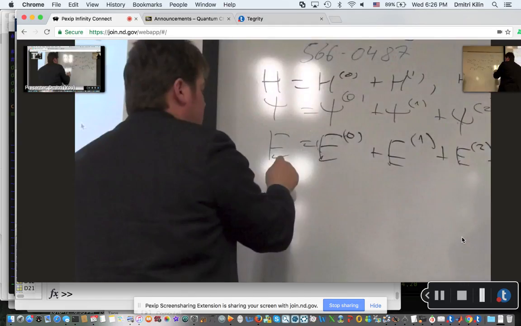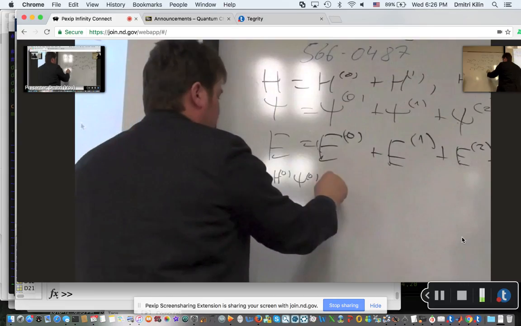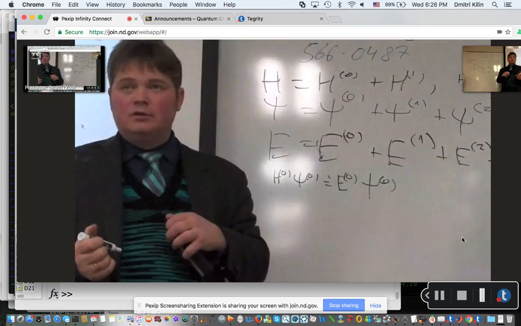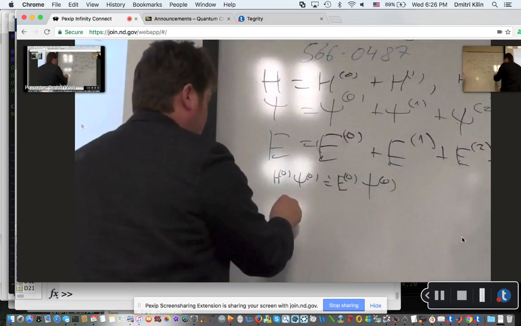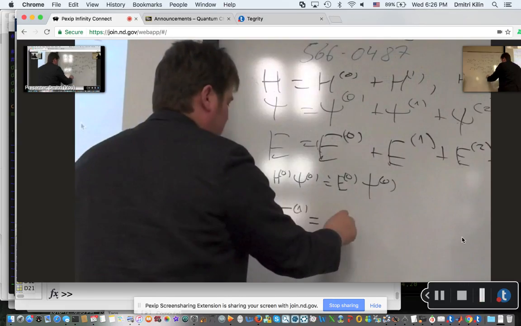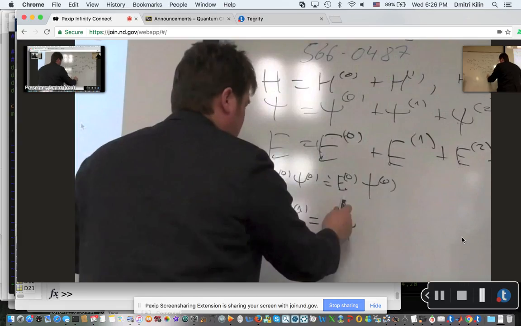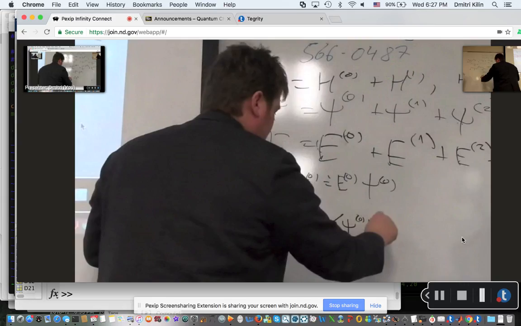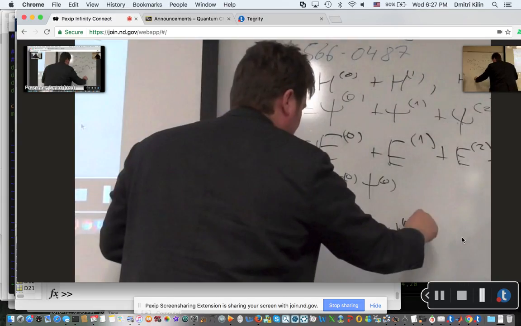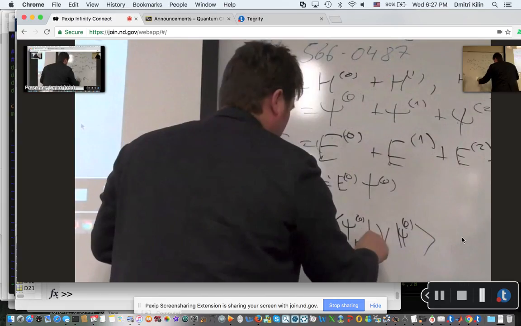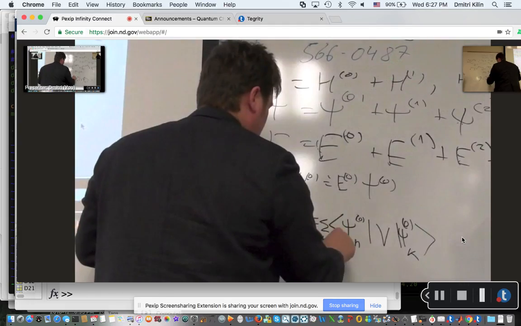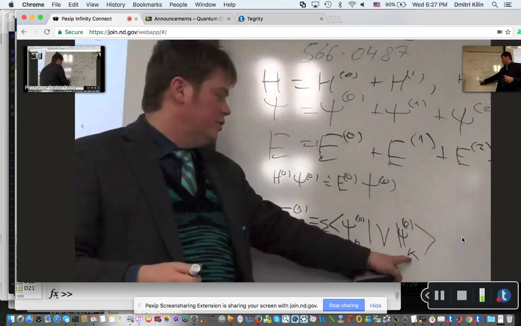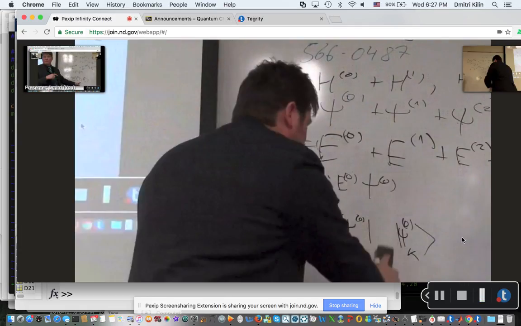So E0 just comes from the solution of the Schrödinger equation without perturbation, and then the correction of the first order is the matrix element based on the interaction between orbitals, unperturbed orbitals, connected through the matrix element of this interaction.